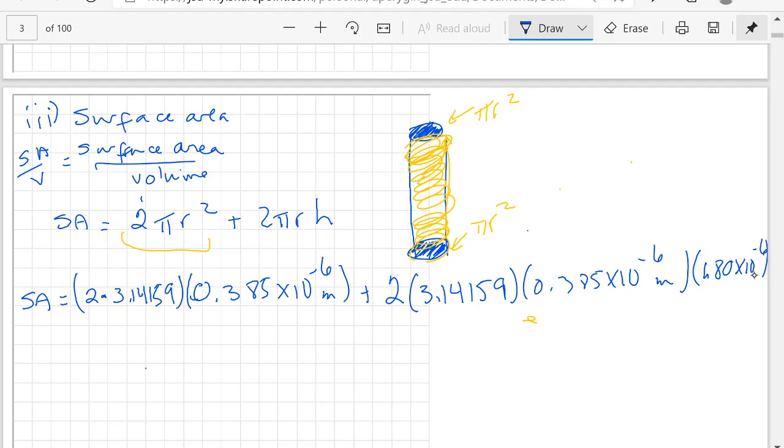Okay, so if you work all of that out, how are you going to do that? Make sure I got that in there right. I didn't square this. This is squared here, right? Right.